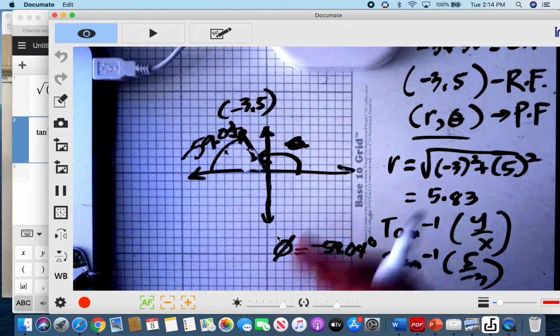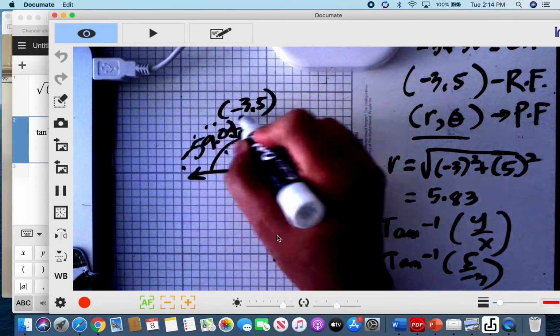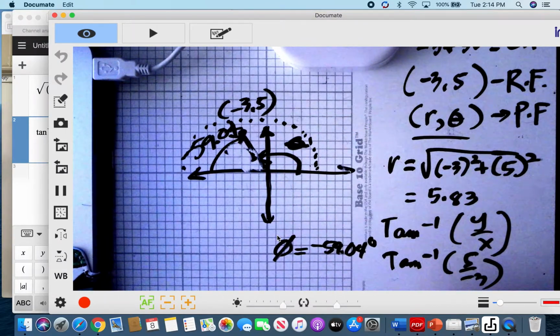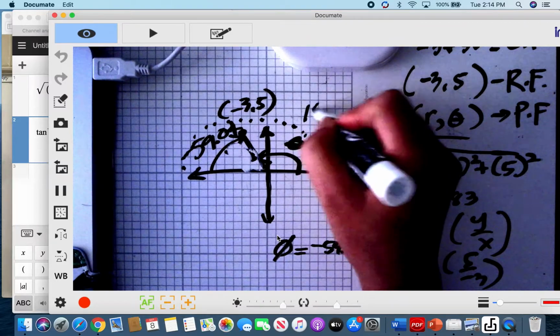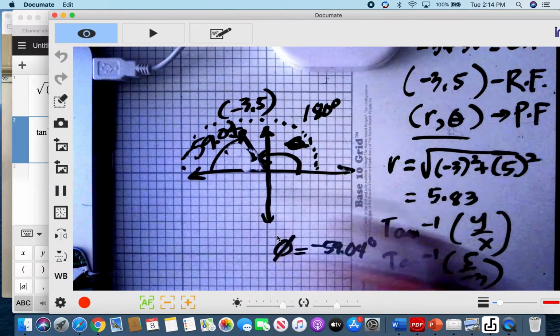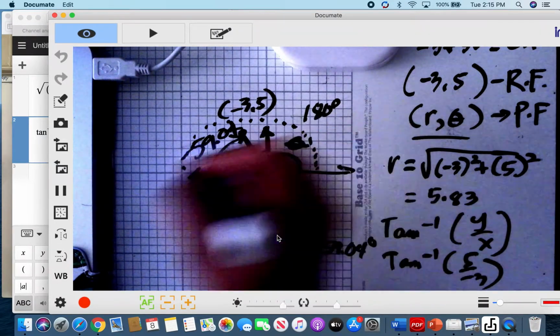To find this angle, if you look at our figure, that constitutes a half circle, which is equivalent to 180 degrees. It's a straight angle, and we know that a straight angle measures 180 degrees. So to find this, we will subtract these two.